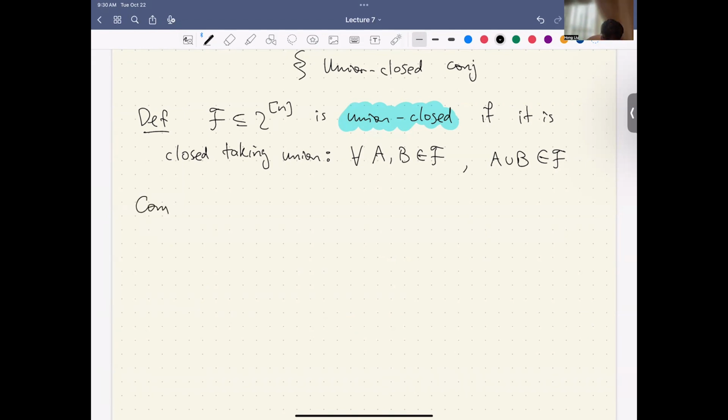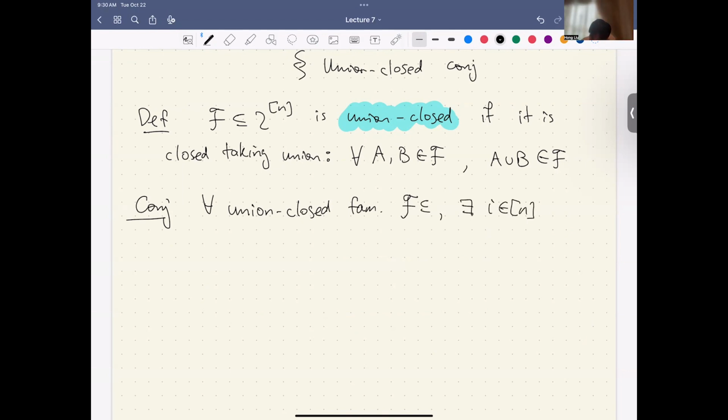So, conjecture: for any union closed family F, there exists a popular element.